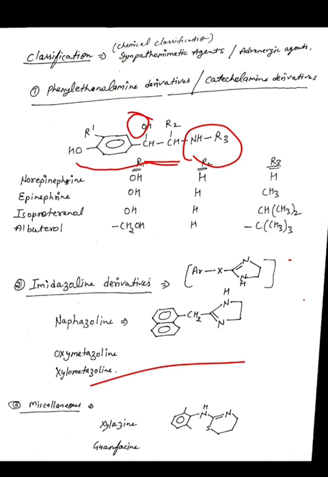So it has a phenyl ring, and it has an ethane moiety or two carbon chain, and a hydroxyl group that goes for ol and an amino group that goes for amine. So it becomes phenylethanolamine derivative, or simply we can also say the catecholamine derivative.